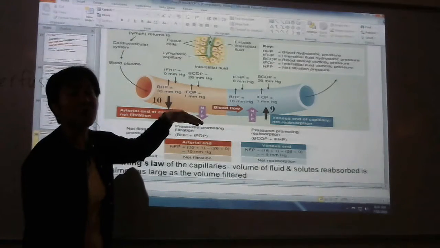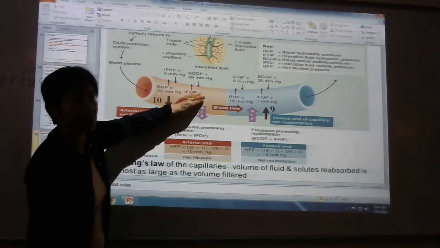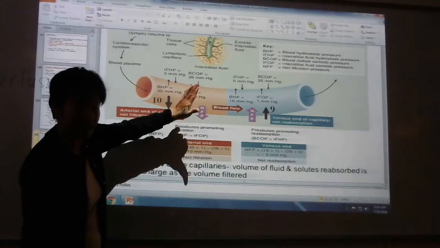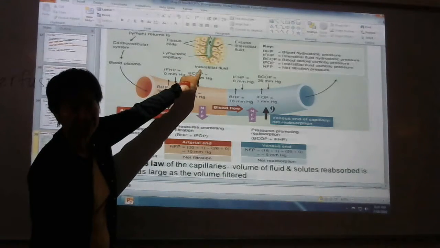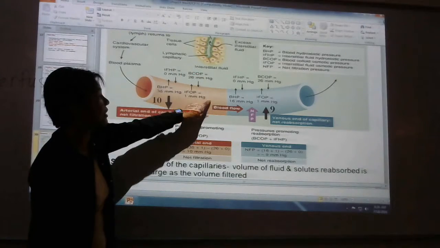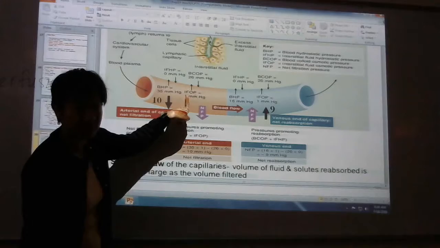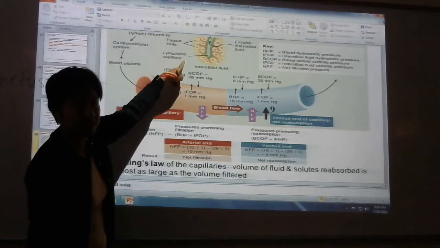So we have two compartments here. The blood compartment, which is in your capillary, the capillary compartment, and then this one here, interstitial fluid. So blood and interstitial, or you can say intravascular. You understand that, intravascular and interstitial.